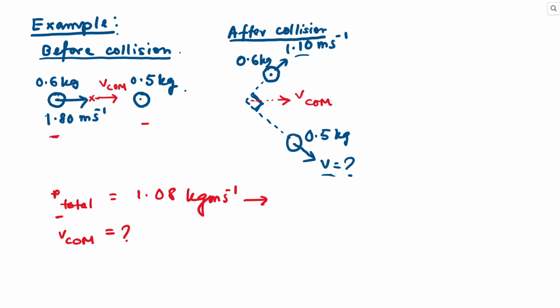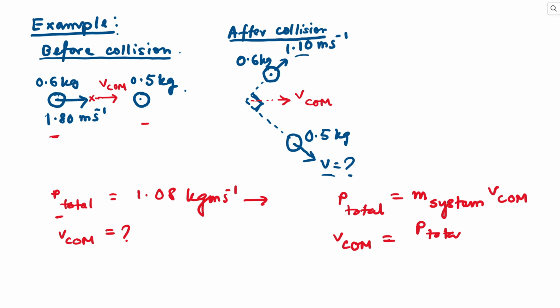We can work out that velocity because we know that the total momentum of the system is associated with the momentum of the center of mass, which is equal to the mass of the entire system multiplied by the velocity of the center of mass. If we rearrange it, the velocity of the center of mass will be the total momentum of the system divided by the mass of the entire system.